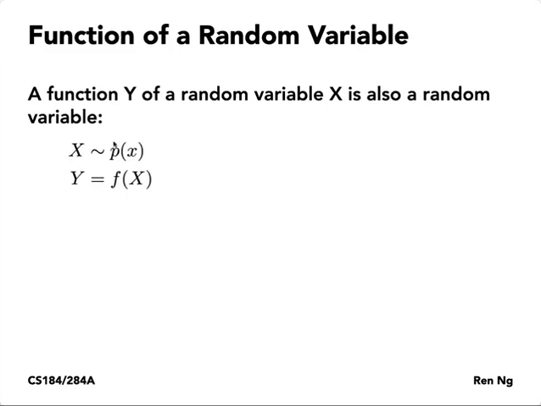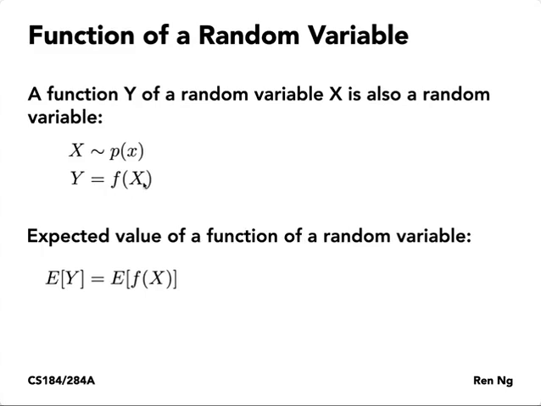So a function y of a random variable x is also a random variable. If capital X, the random variable, is drawn from PDF p of x, and if random variable y is equal to function f of capital X, then the main thing we'll be interested in is the expected value of that function of the random variable, the expected value of y.